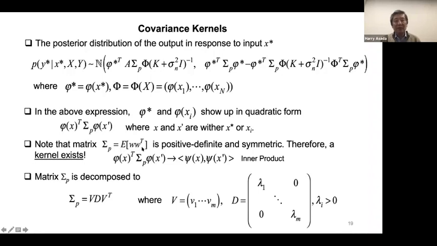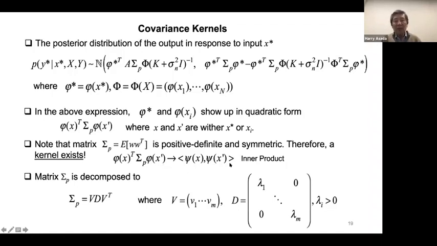Expectation of W W transpose is a positive definite and symmetric matrix. Therefore, we can actually find a kernel. A kernel does exist. So this quadratic form can be reduced to some inner product of some new variables, psi x and psi x prime. We can reduce this into this form.